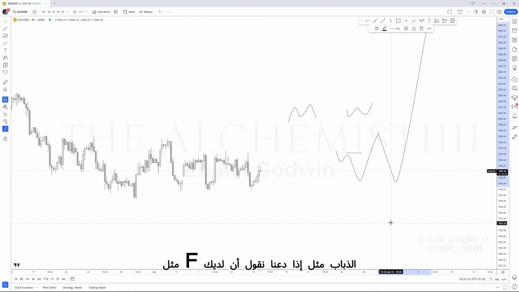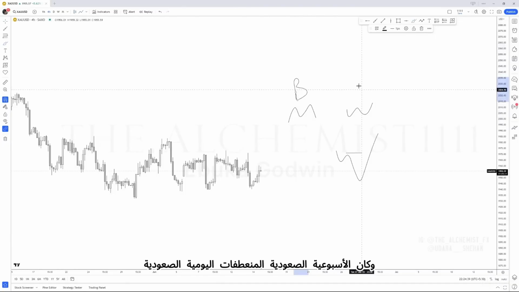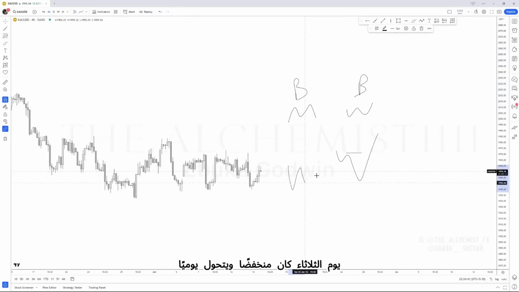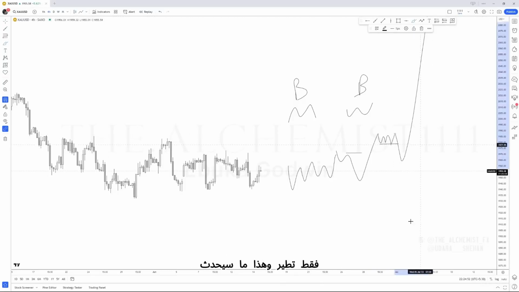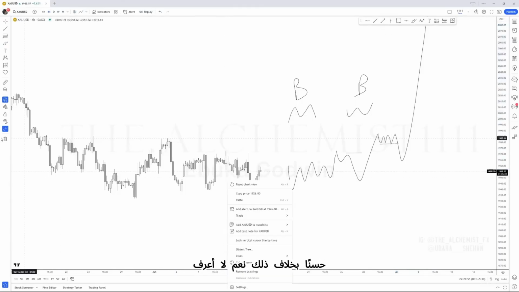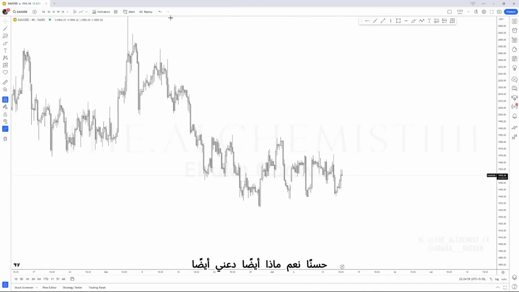If you have NFP on Friday, and Monday and Tuesday were low, Thursday might consolidate, building up liquidity, and then Friday NFP comes, it will just fly. That is when you can expect momentum. Other than that, I don't know when to expect momentum.